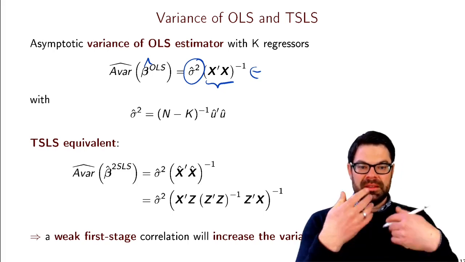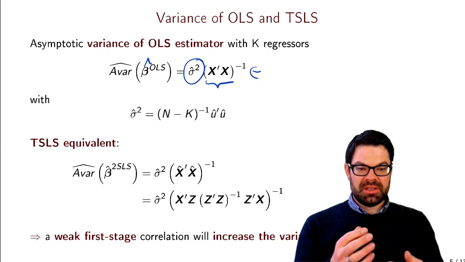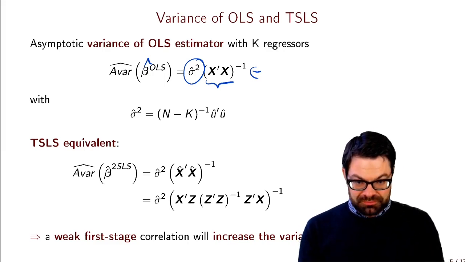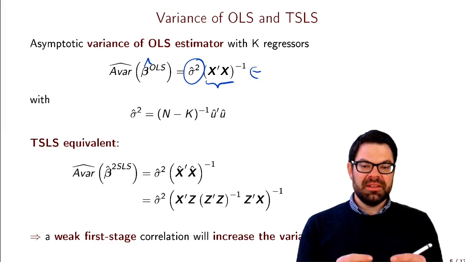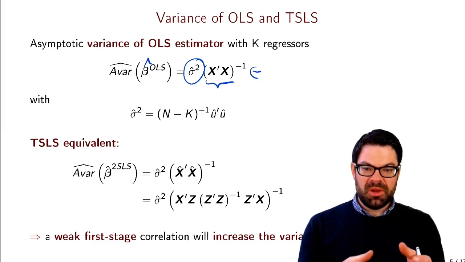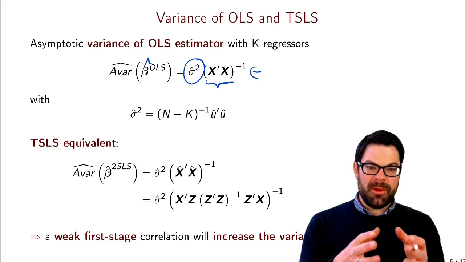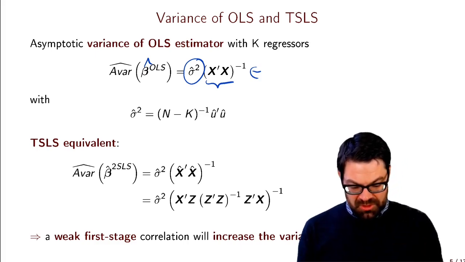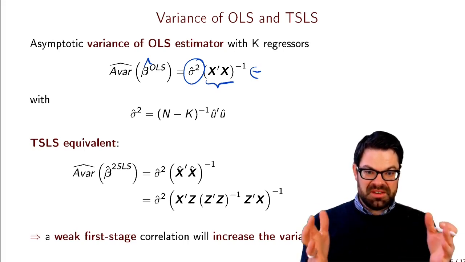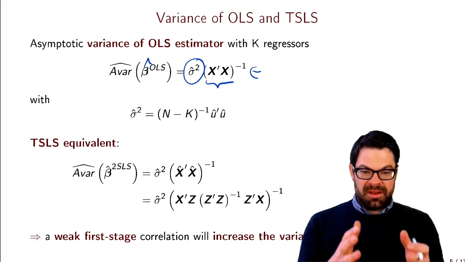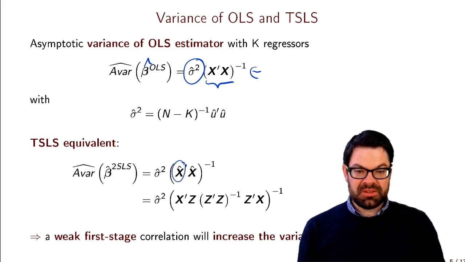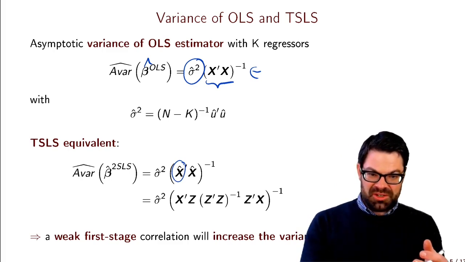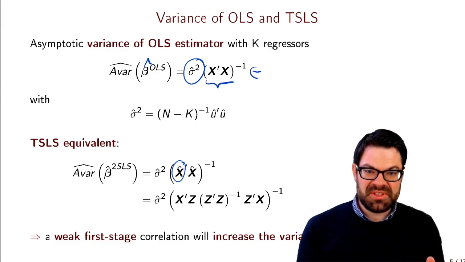When we extend this to the two-stage least squares case, we will see that the asymptotic variance of our estimator is slightly different, because instead of using x, the matrix of regressors, we now use x hat, which is the matrix of the predictions from the first stage.